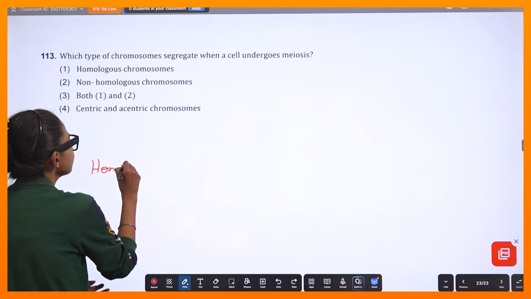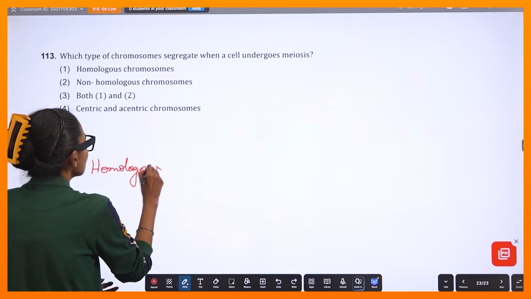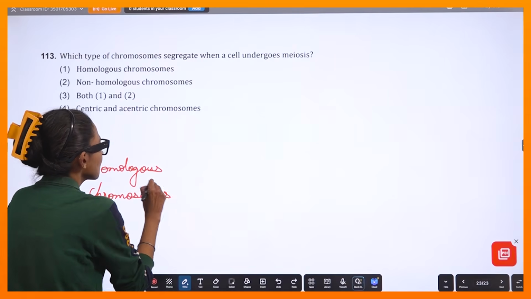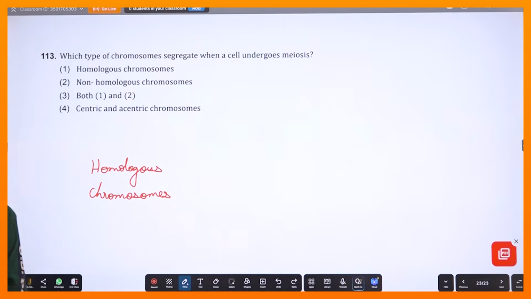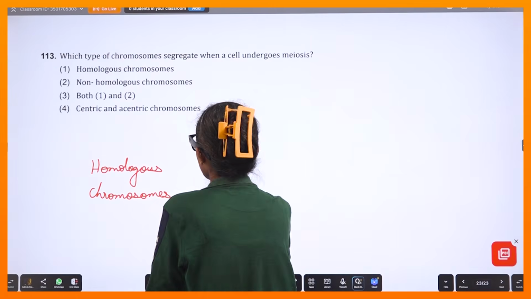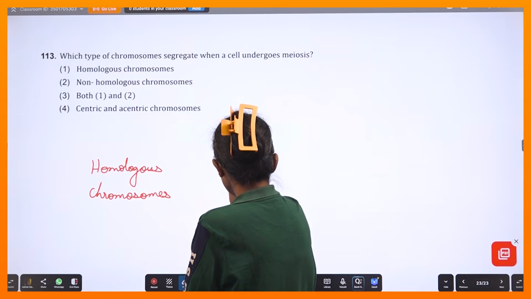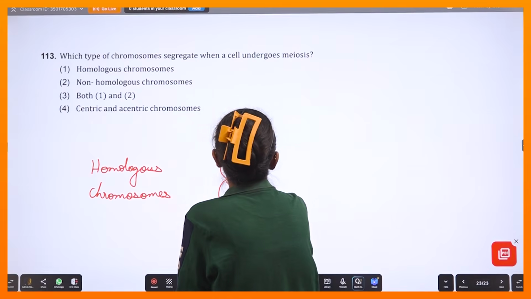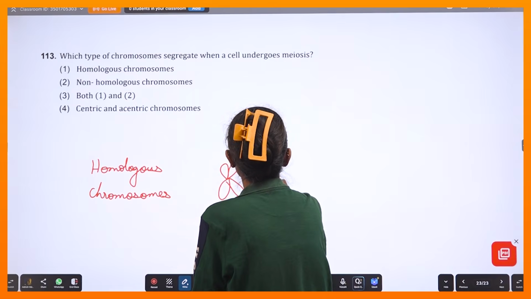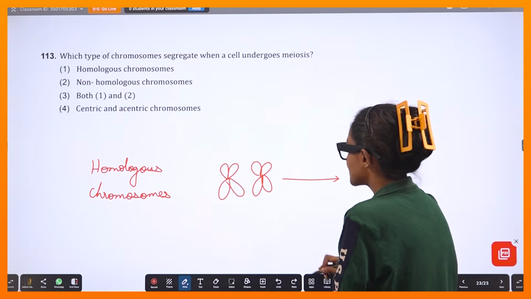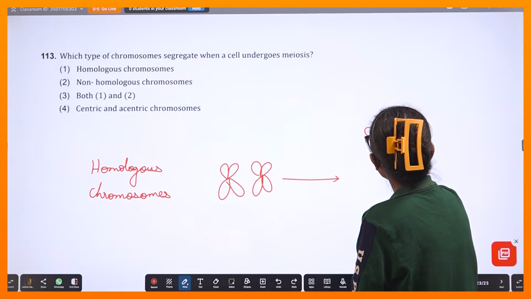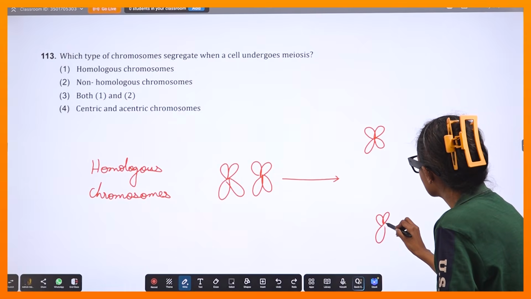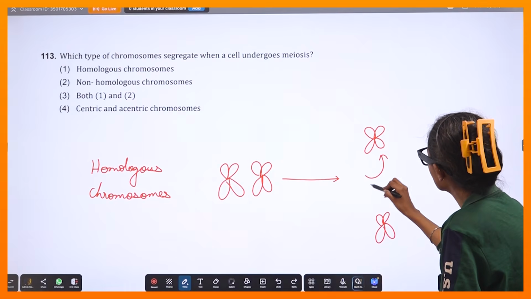So homologous chromosomes, if you notice, will actually split. I'm talking about meiosis. If this is one pair of homologous chromosomes, then after a while you will notice one homologous chromosome will come to this pole and another homologous chromosome will come to this pole.